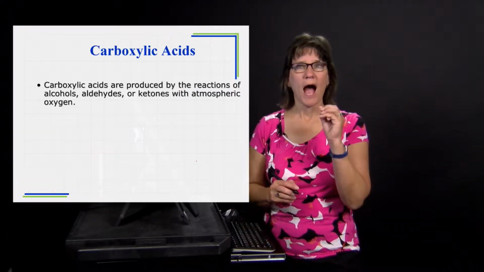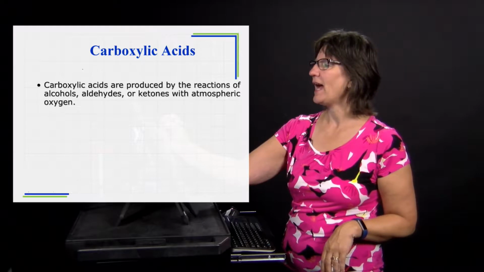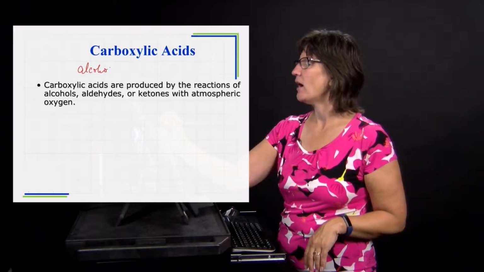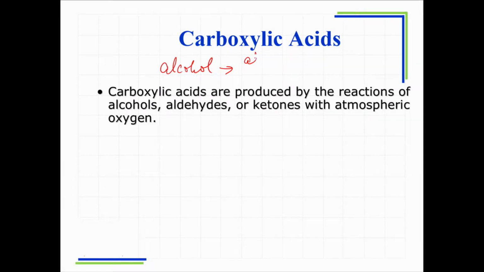Okay, so I told you that if you took an alcohol and oxidized it, it would make either an aldehyde or a ketone, because when exposed to oxygen, it automatically converts to that.